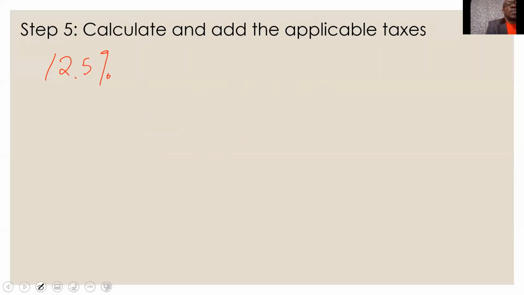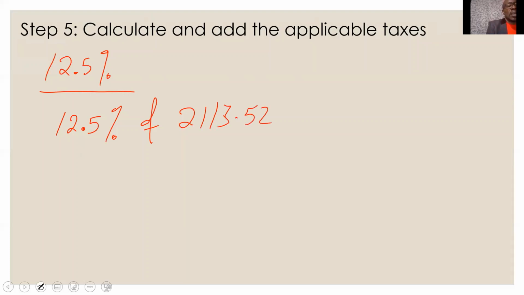So 12.5% of 2,113.52, and when we calculate that, you get $264.19. That's the taxes.